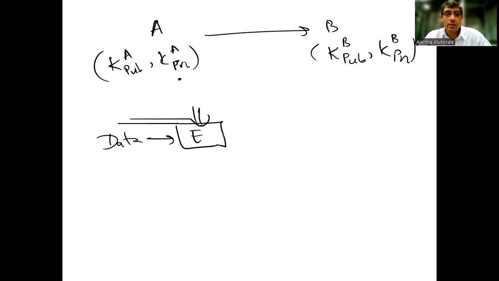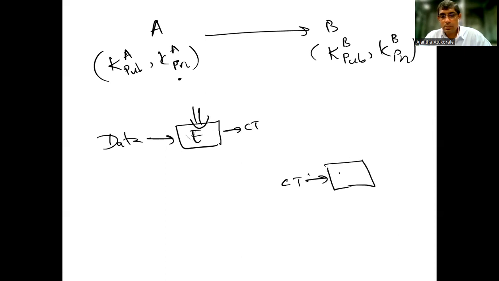And the key. To get the ciphertext, and then with the ciphertext, we go to the decryption, we get the key, and we get the data.